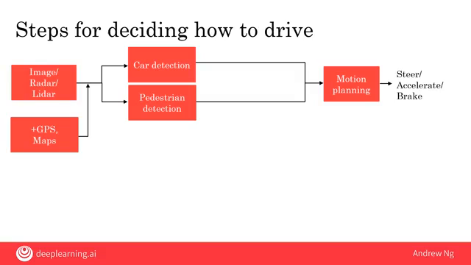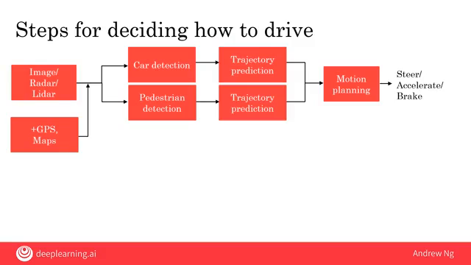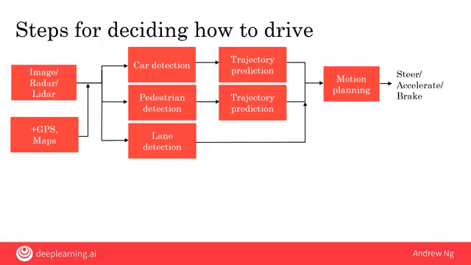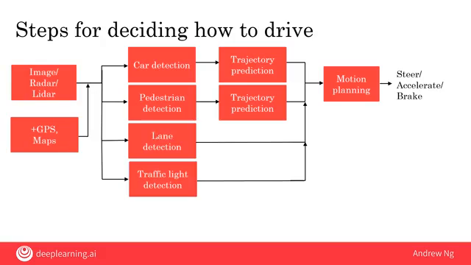Rather than just detecting cars and pedestrians, in order to drive safely, you also need to know where these cars and pedestrians are going in the future. So another common component of self-driving cars is trajectory prediction, where there's another AI component that tells you not just the cars and pedestrians you found, but also where they're likely to go in the next few seconds so you can avoid them even as they're moving. To drive safely requires more than just navigating other cars and pedestrians. You also need to know where are the lanes, so you might detect lane markings. If there's a traffic light, you also need to figure out where's the traffic light and is it showing a red, yellow, or green signal.